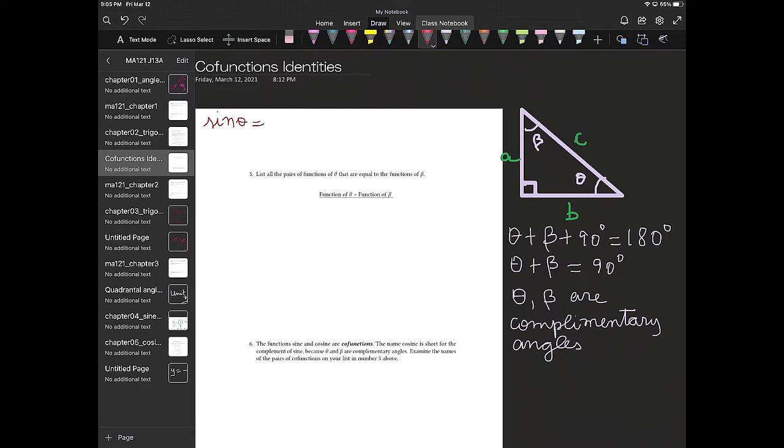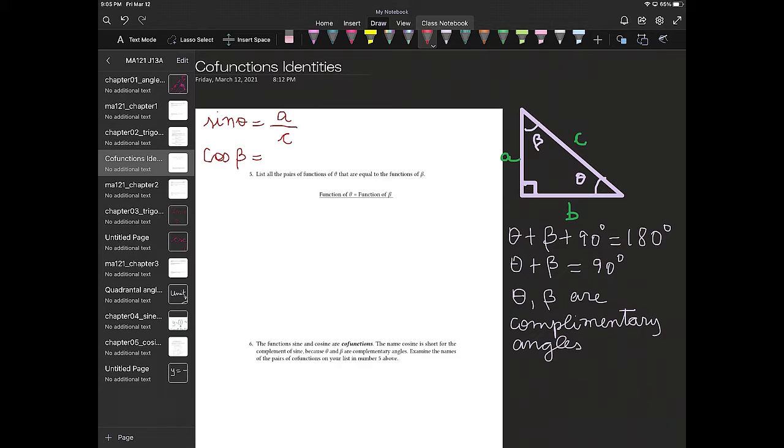The opposite side of theta has length A, so we have A over the hypotenuse, which is C. Note also that we can identify the cosine of beta as also A over C, because cosine of beta is adjacent of beta divided by the hypotenuse.